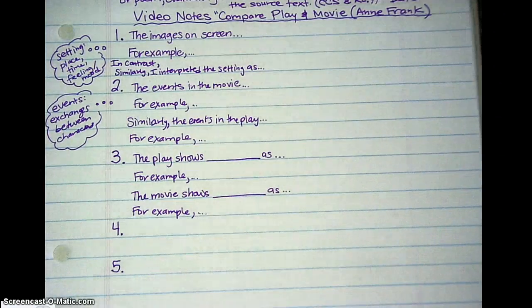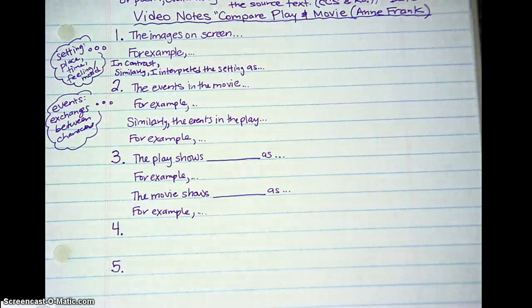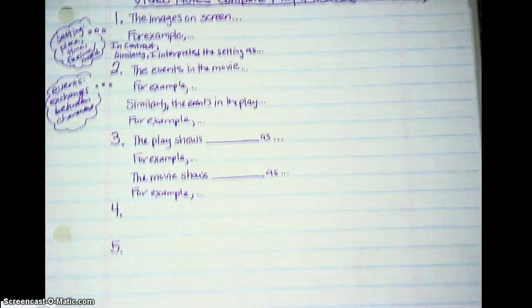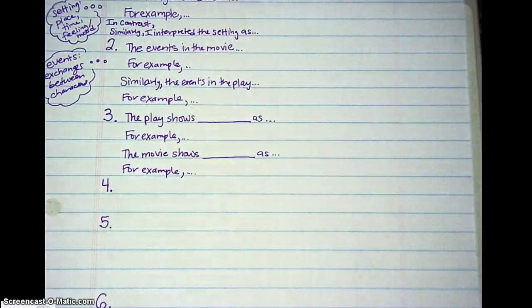Number four is, what differences do you notice between the play and the movie? Just give me a couple differences that you notice. Number five, why do you think these decisions were made by the director? And why do you think decisions were made by the author of the play on what these differences are?